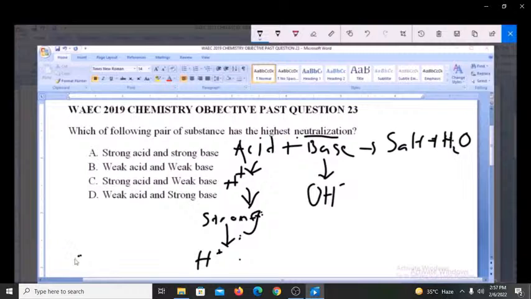So complete dissociation, and a strong base dissociates completely as well to yield hydroxyl ions.